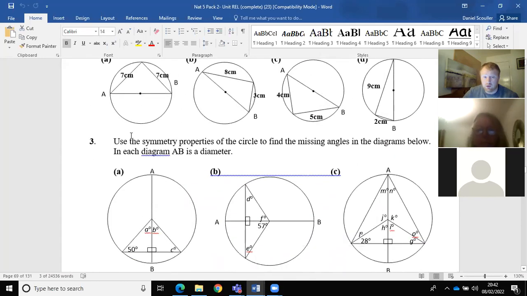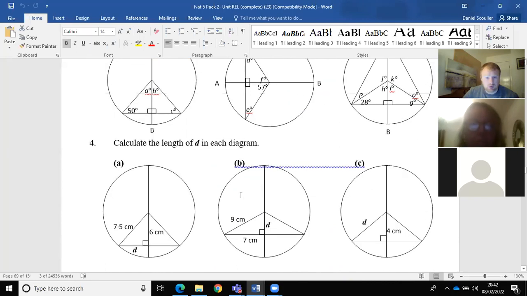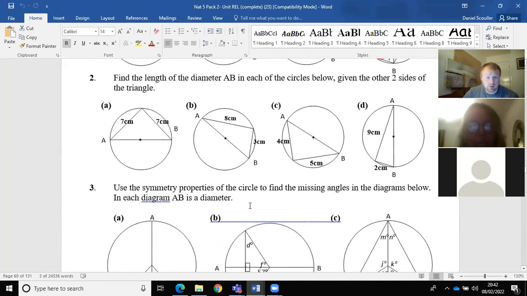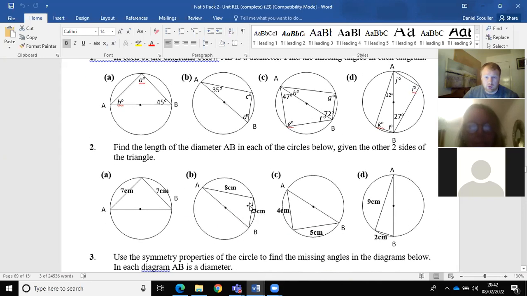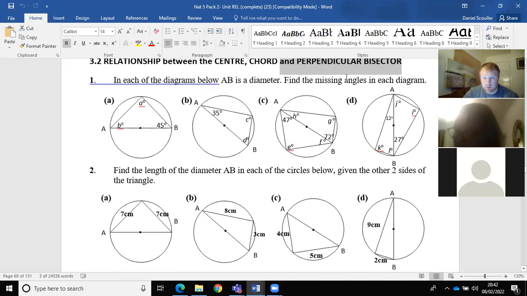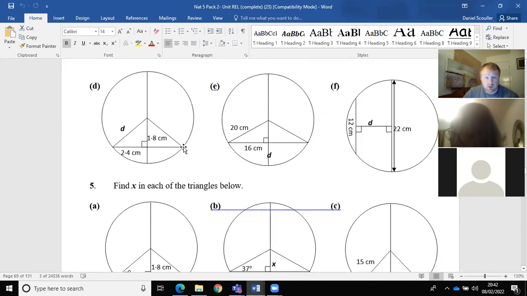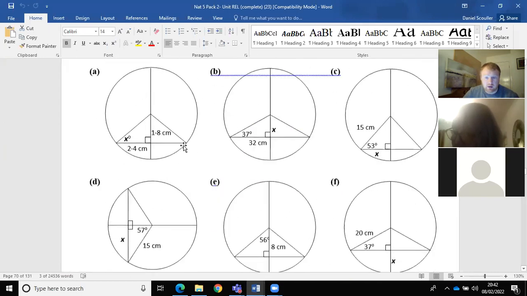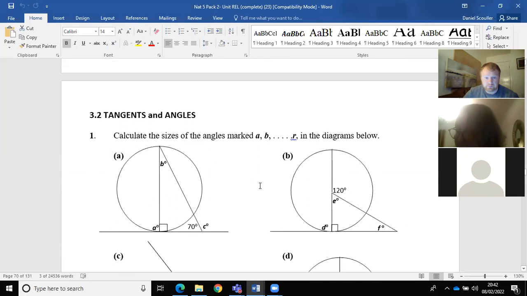So 1, 2, 3, and 4. Oh no, sorry, 4 you can. So 1 and 2 don't do, that's the different type, that's that perpendicular bisector. 3 and 4 is chords. 5 is a chord. Question 6 is a chord, and similar to what you'd see in an exam type question.